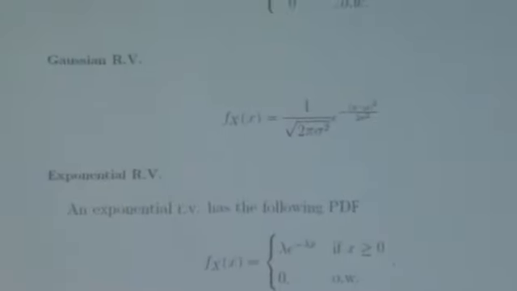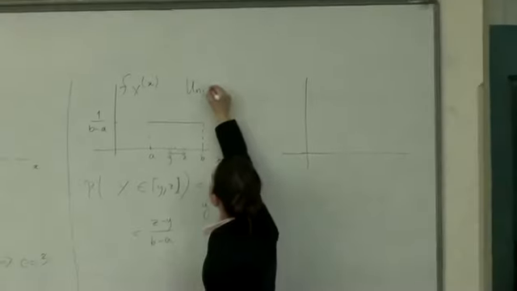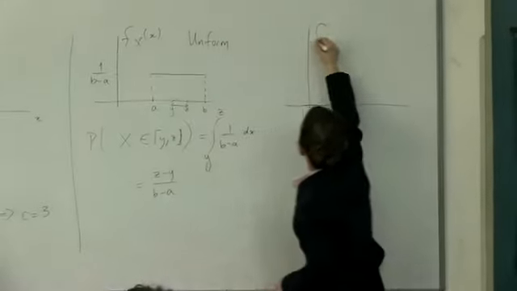It may look scary to you at first, and it may look scary to you maybe later on, but it has a really nice graph. So let me try to sketch that. Let's say this was uniform, and this is Gaussian.